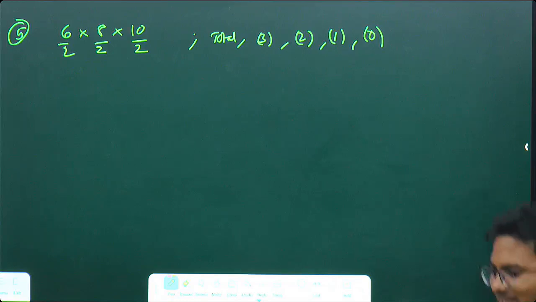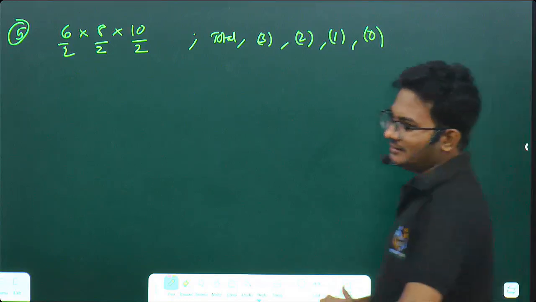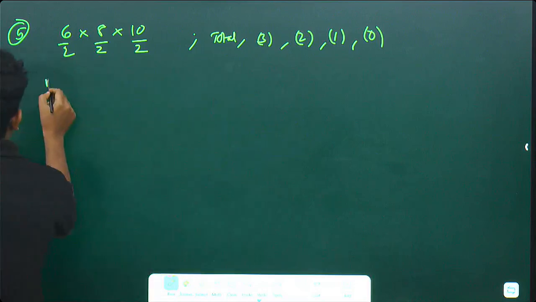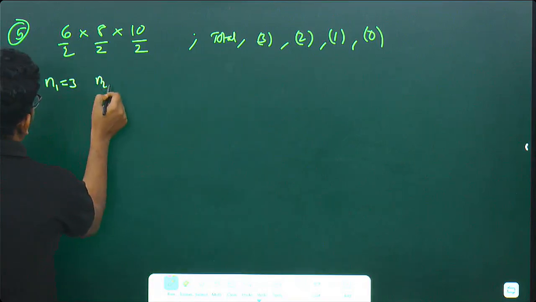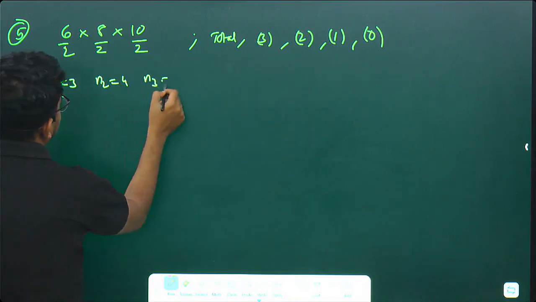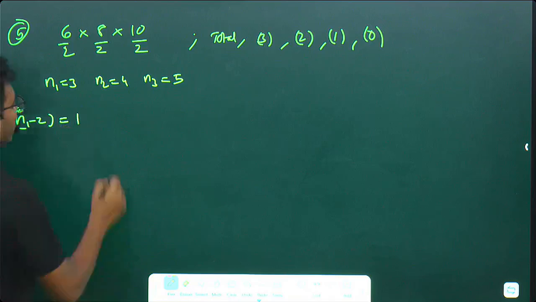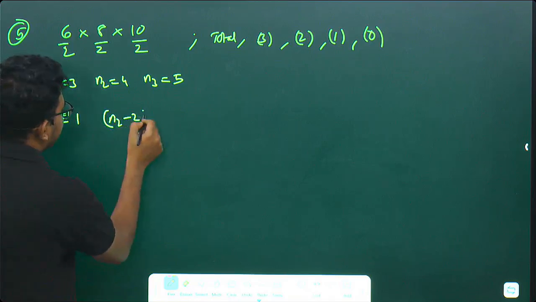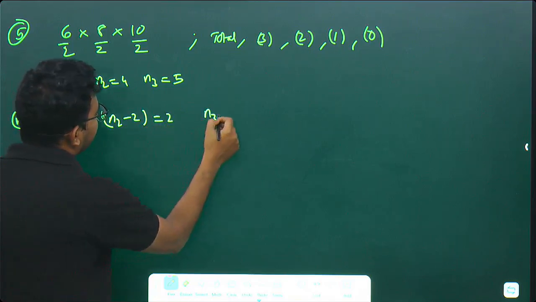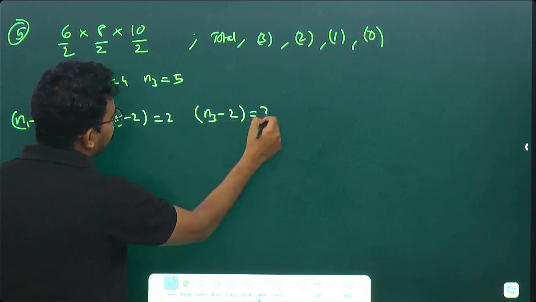Okay, so again same, n1 is 3, n2 is 4, n3 is 5. Now again what we have to find out: n1 minus 2 which is 1, n2 minus 2 which is 2, n3 minus 2 which is 3.